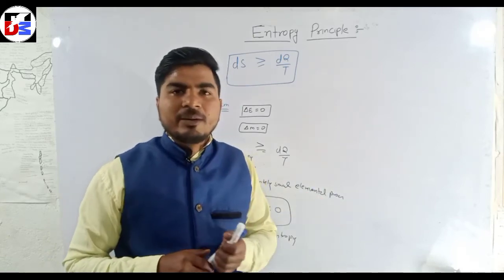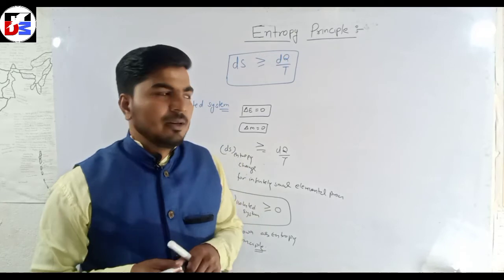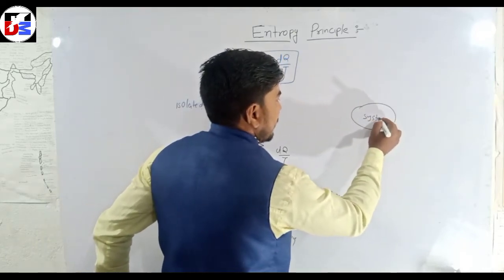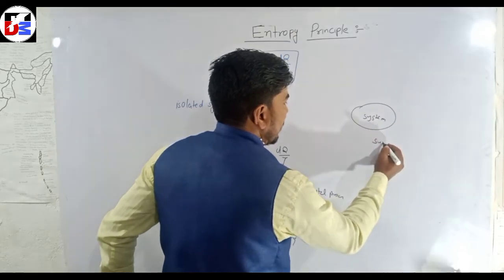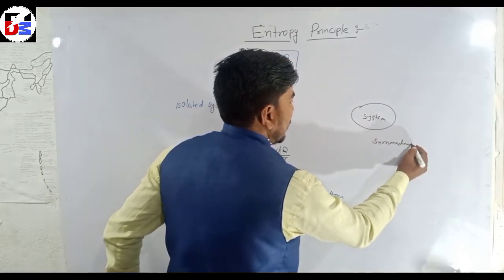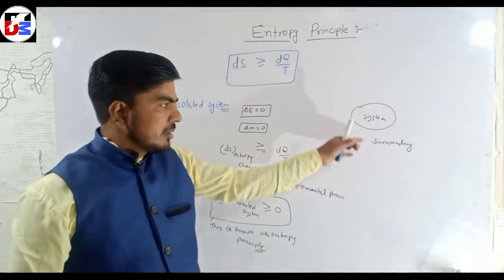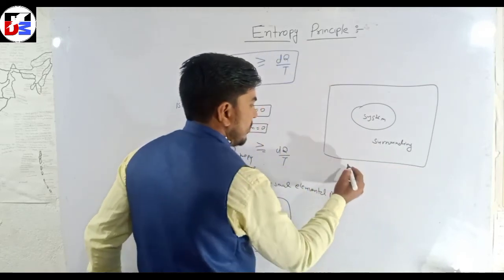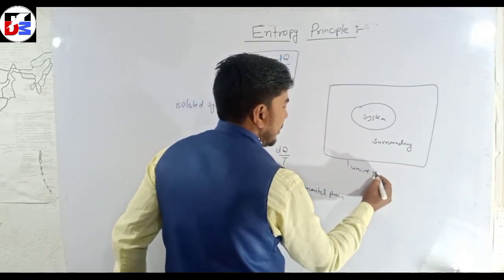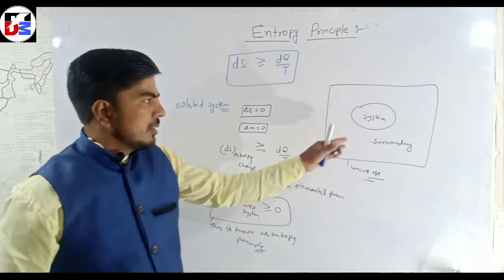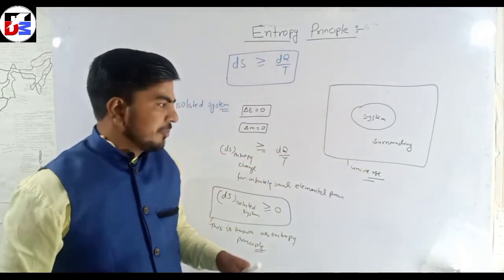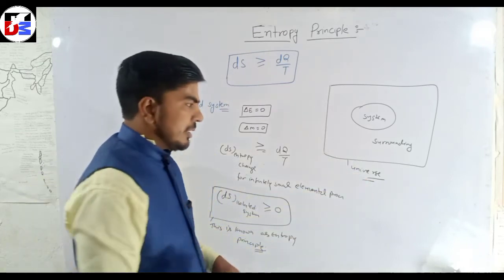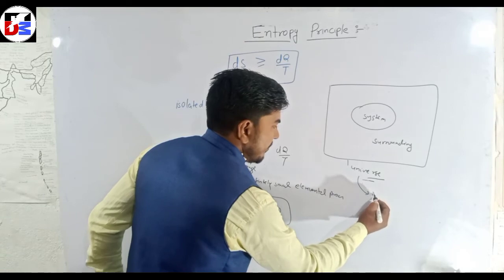The best example of an isolated system is the universe. If this is the system and here the surrounding, and we take both system and surrounding, then we get the universe. What is the universe? The universe comprises system and surrounding. That means if we take the universe as a system, then it becomes an isolated system.